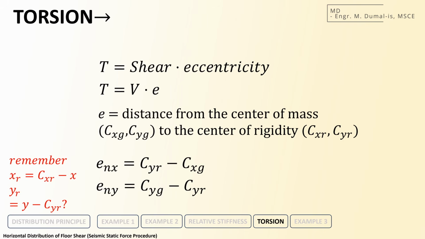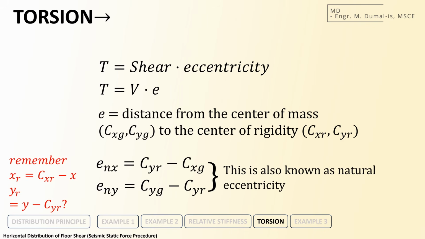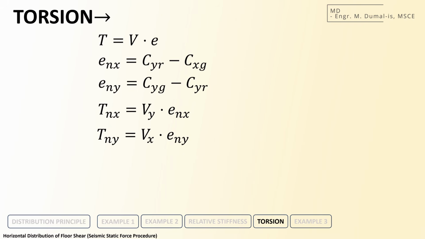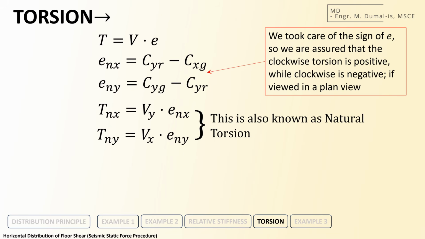The inherent geometric offset between Cg and Cr is also known as the natural eccentricity, computed using the same methodology as Xr and Yr. Natural eccentricity yields natural torsion, Tn. This rotational demand arises directly from the system's geometric and stiffness asymmetry, where V represents the applied shear force.